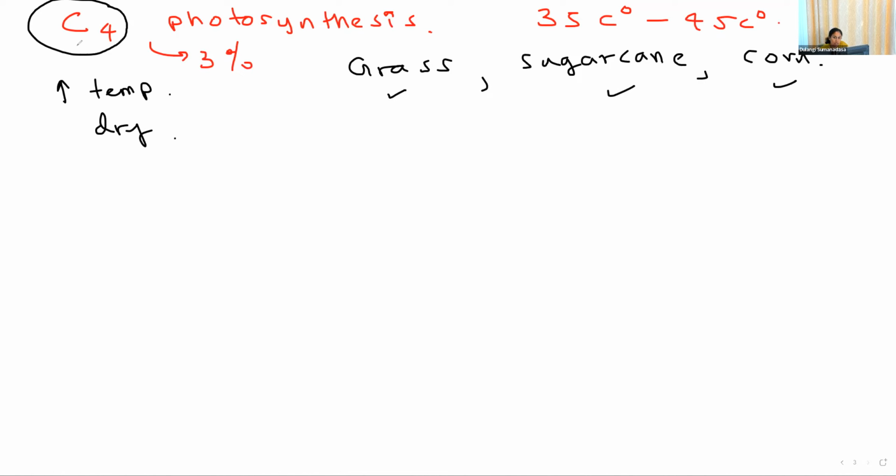So let's go through how the C4 plants are going to produce their glucose. They're going to first trap the carbon dioxide. So inside their cells, they will do the carbon fixation first.